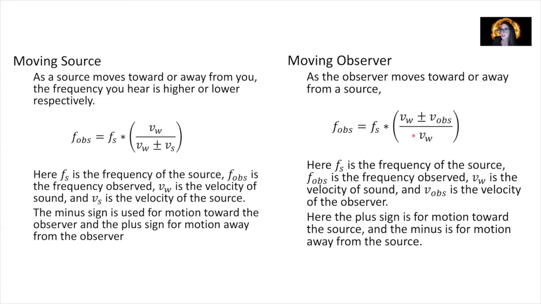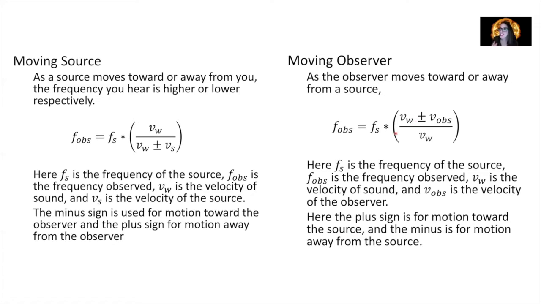Okay, so in this case, we want to use the plus sign for motion toward the source. So when the observer is moving toward the source, we're going to have a plus sign. And when the observer is moving away from the source, we're going to use the minus sign up here.